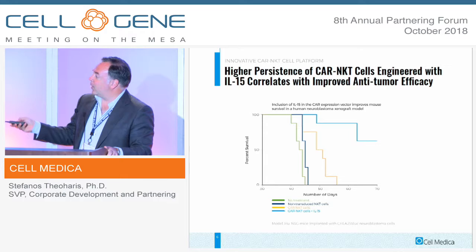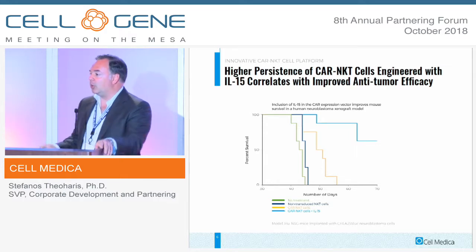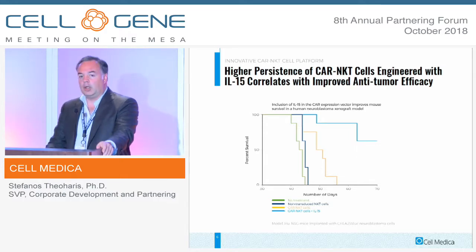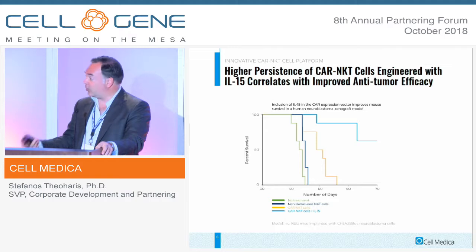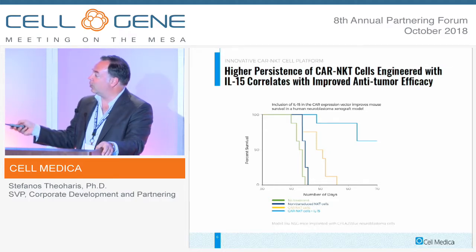This is a demonstration in an animal model of neuroblastoma. This is a CAR that targets GD2 and also carries IL-15, so the cells are secreting IL-15 locally. All I'm showing you here is, in this animal model, the untreated and untransduced populations.